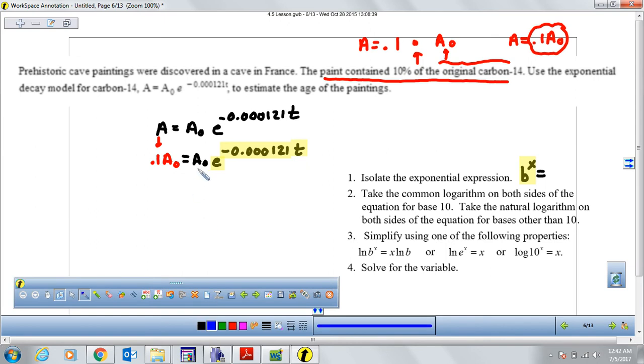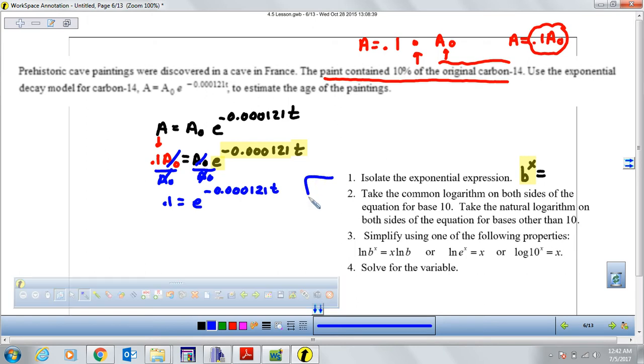I need to remove the A sub 0 from the front by dividing on both sides. The A sub 0 is going to divide out on both sides, so we end up with 0.1 equals E raised to the negative 0.000121 times T. So now the exponential expression is isolated.